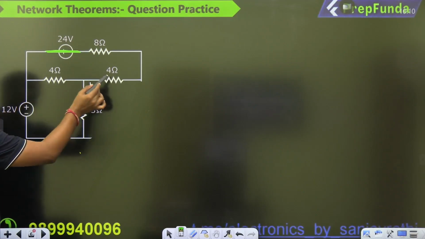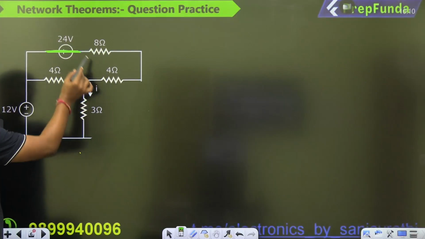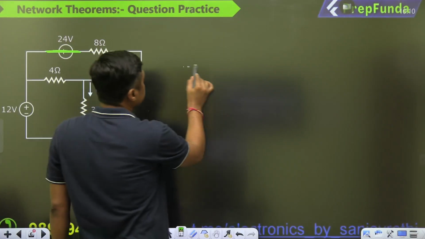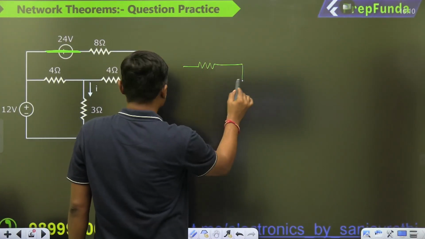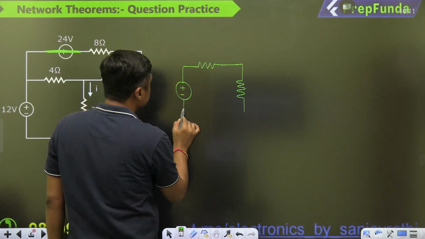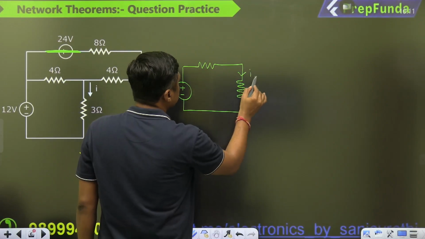Now what about this 4 and 8? The 4 and 8 are in series, so it will become 12, and this is the 12 volt battery. This is I1.